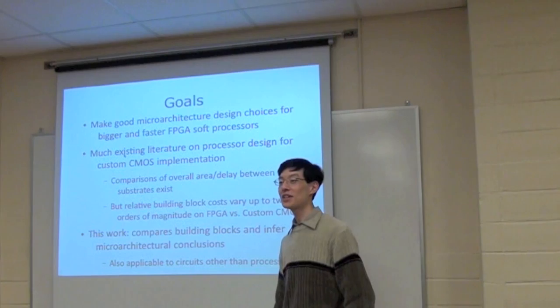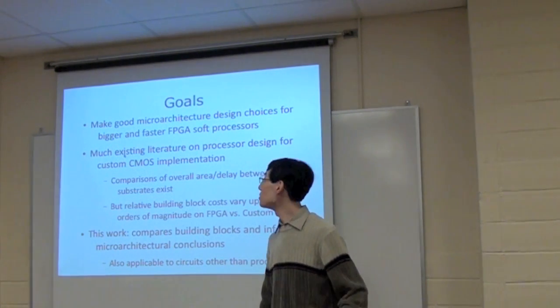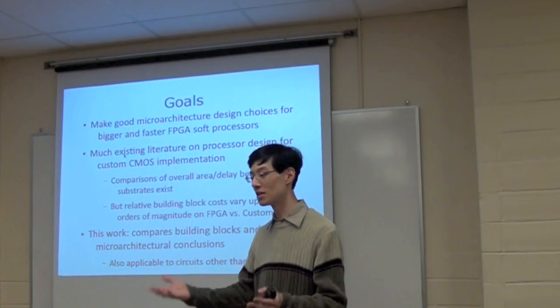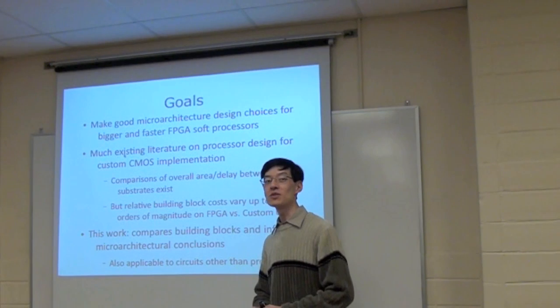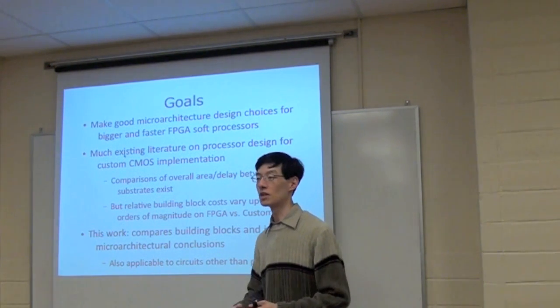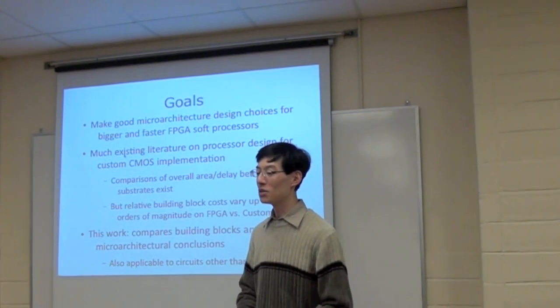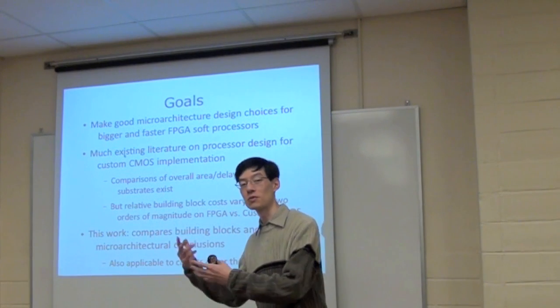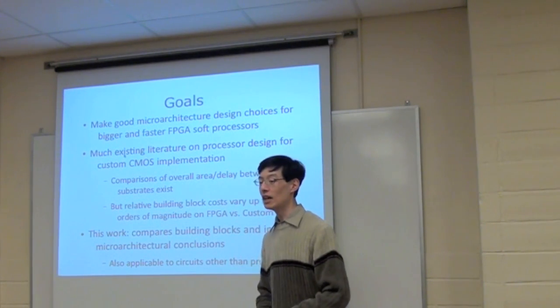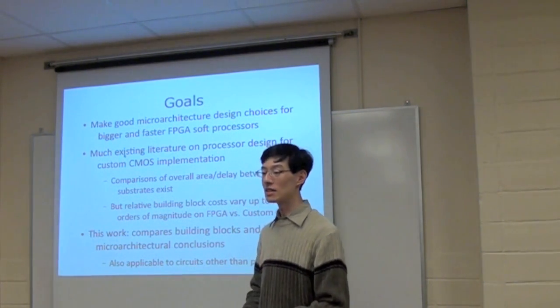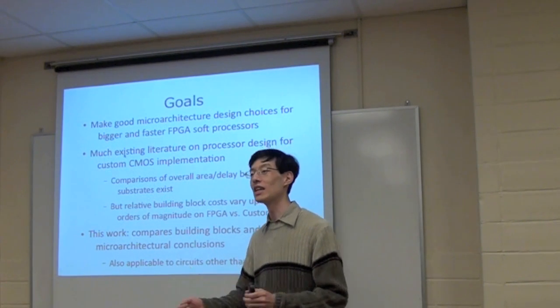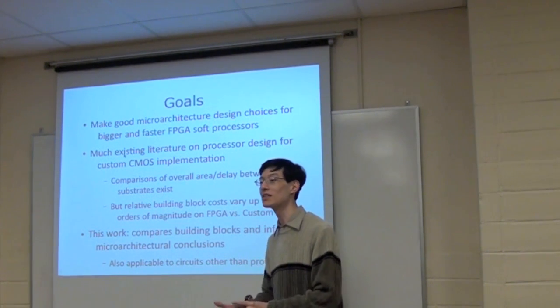So, to make good microarchitecture choices, we could use existing processor architecture research. However, that research usually assumes a custom CMOS substrate, and we do have to adapt it for the FPGA substrate if we're building FPGA processors. There are existing comparisons of overall delay and area between these substrates.